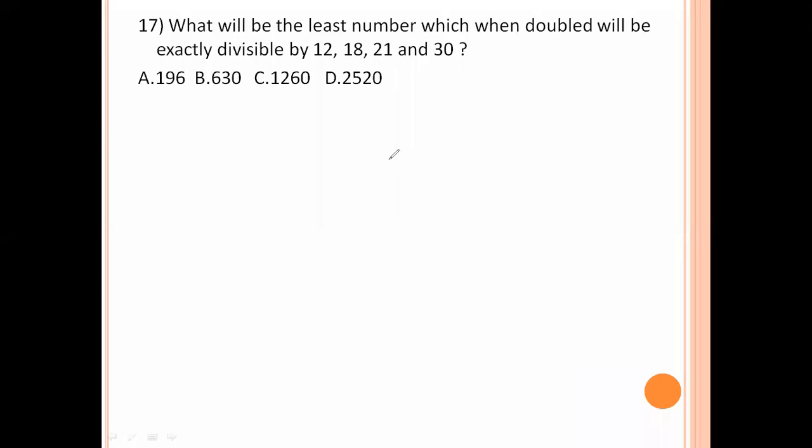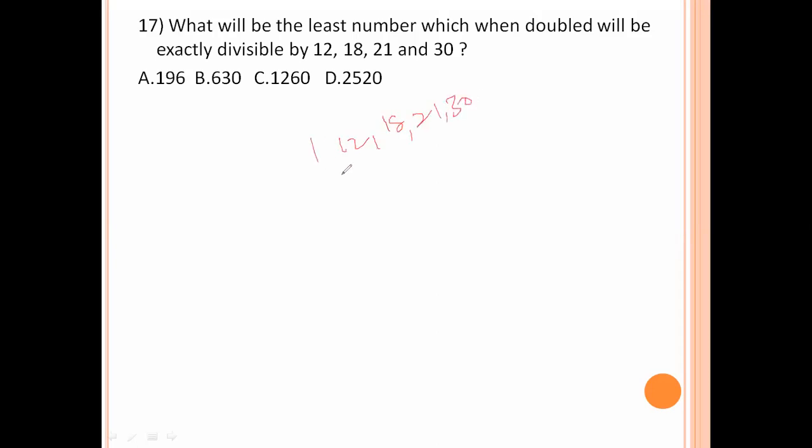What is the least number which, when doubled, is exactly divisible by 12, 18, 21 and 30? So here 12, 18, 21, 30.